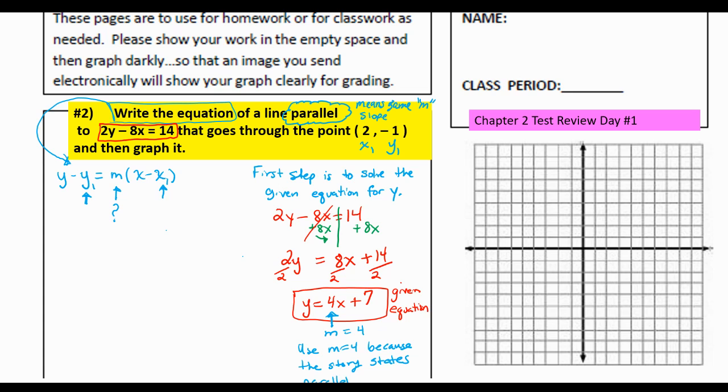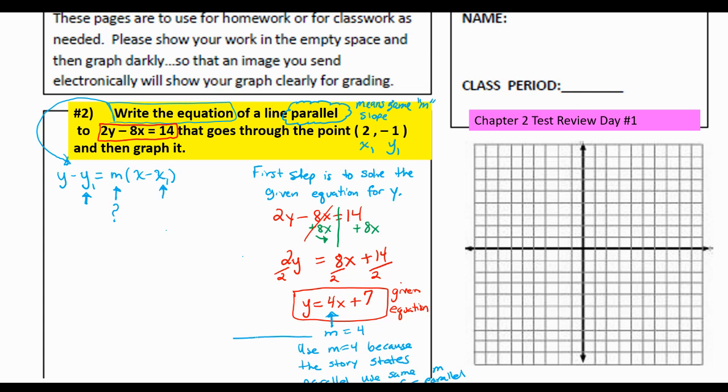And parallel means same m. So you use the same m for parallel anytime you see that word.